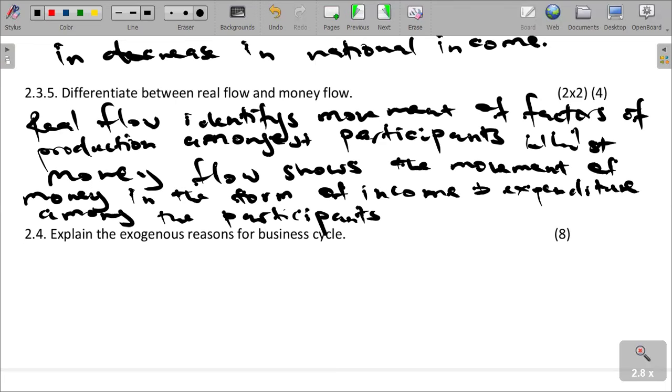When businesses purchase factors of production, households receive money, they receive income, and households spend their income to purchase goods and services as well. This is also income to the business enterprises. So money flow is the movement of money between the economic participants by buying and selling, or by transacting amongst each other. That explains money flow.